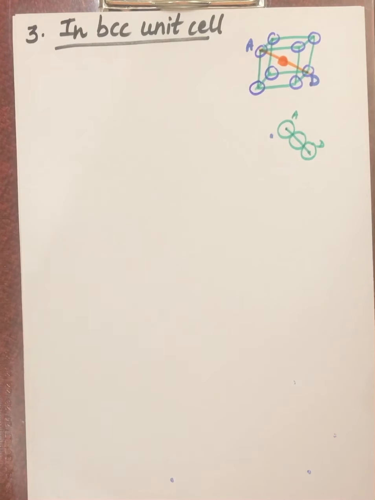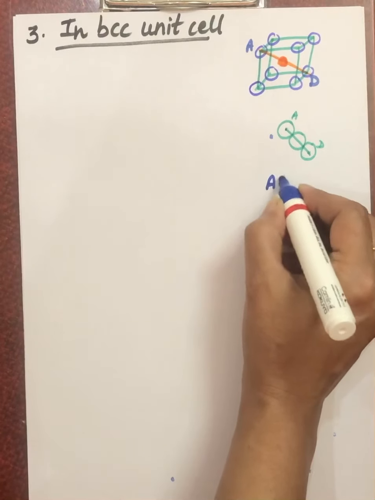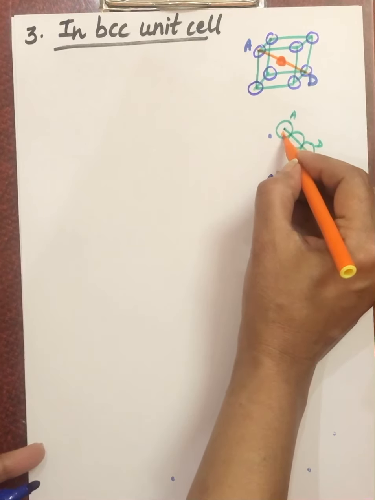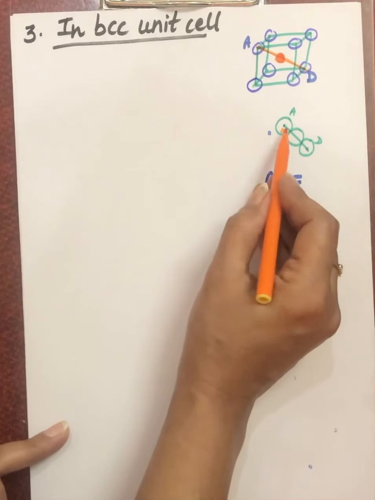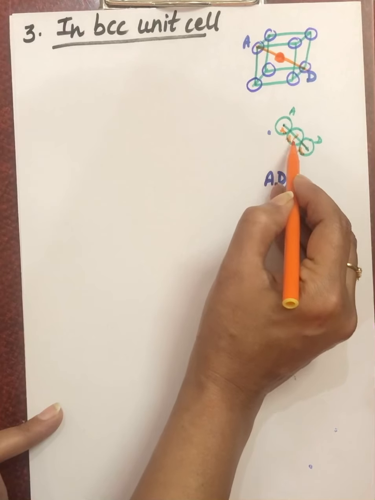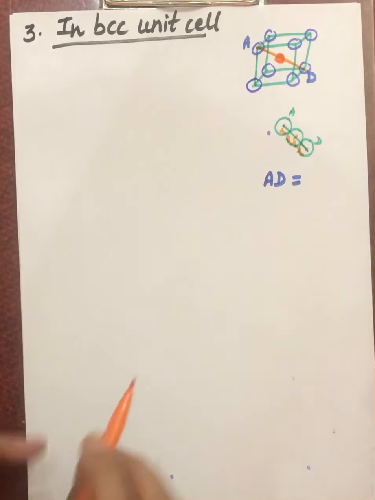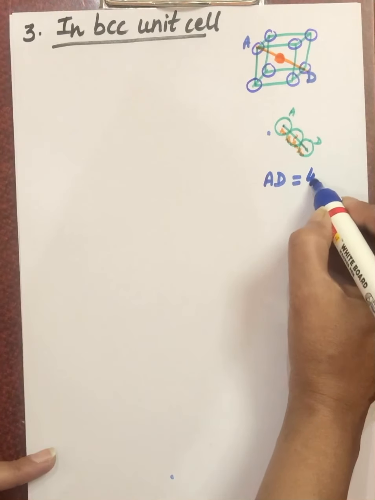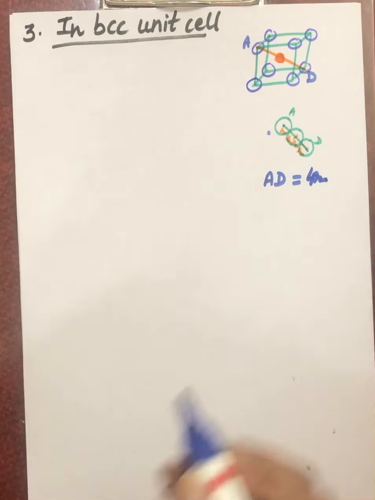And AD is equal to how much? This is the radius of this sphere, and this is also r. That means AD is equal to 4r.